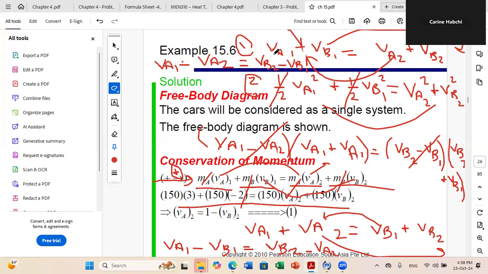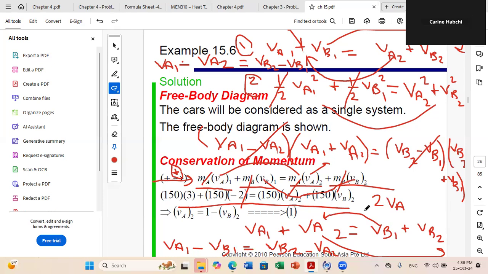If you add the two equations, plus VB1 minus VB1 will cancel out. So by adding the two equations, you get 2VA1, and on the other side VB2 will cancel out. Sorry, one second.